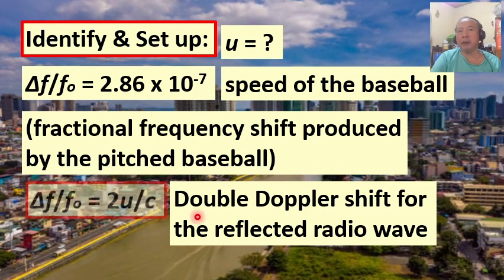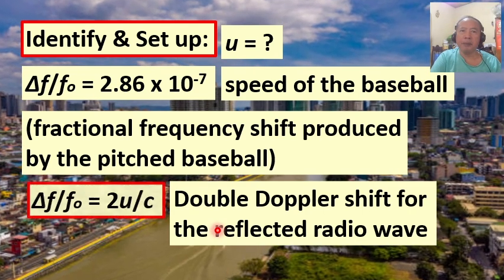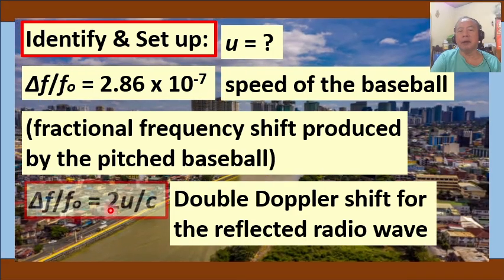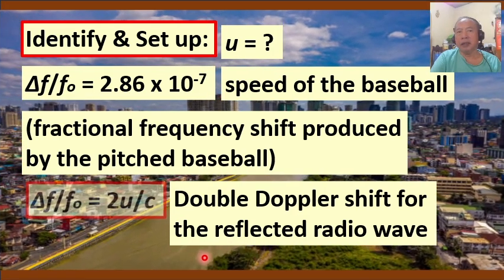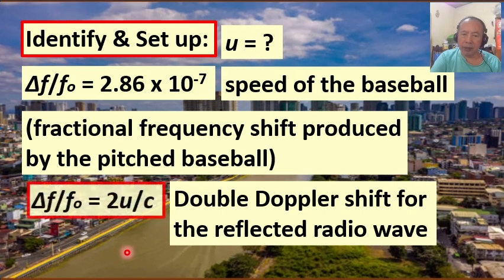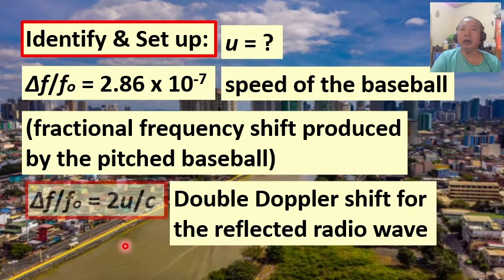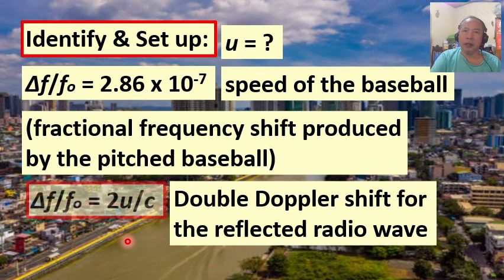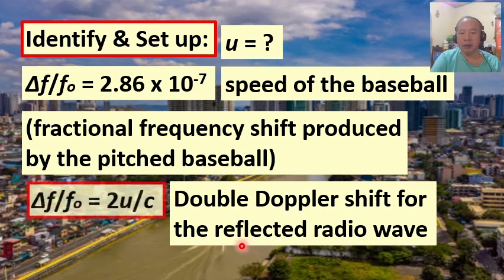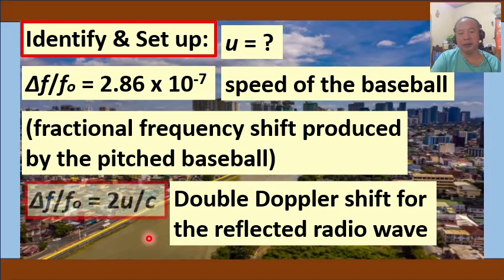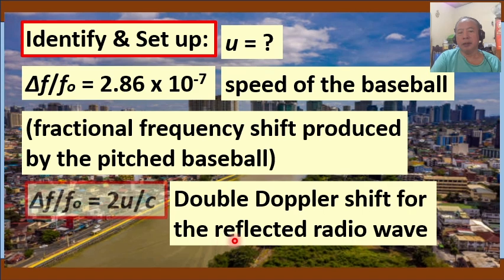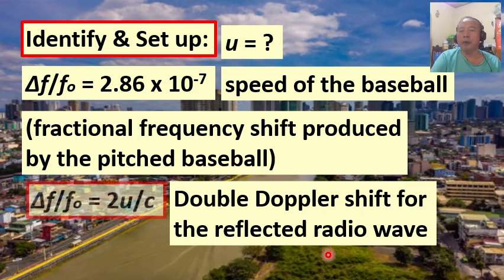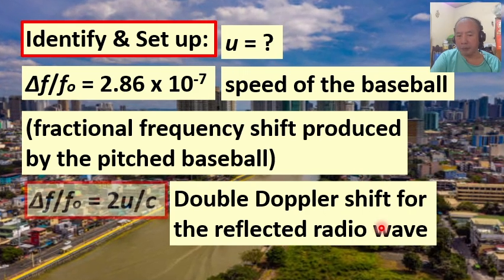But since it is going to be reflected from the baseball with the same frequency f, the frequency of the radio beam that is detected by the radar gun will be even much greater. So we call that a double Doppler shift for the reflected radio wave.